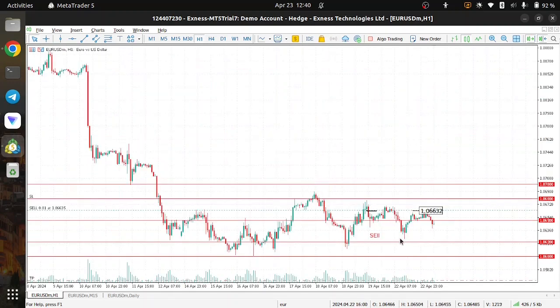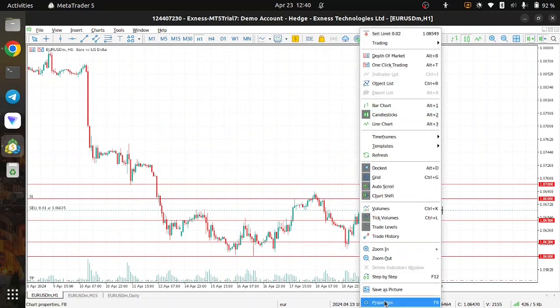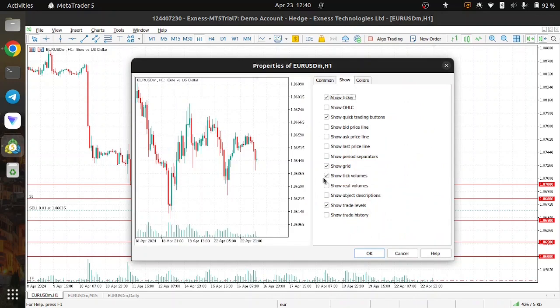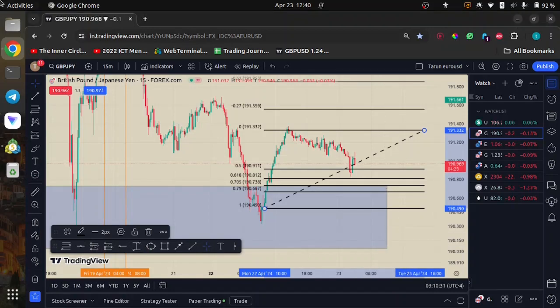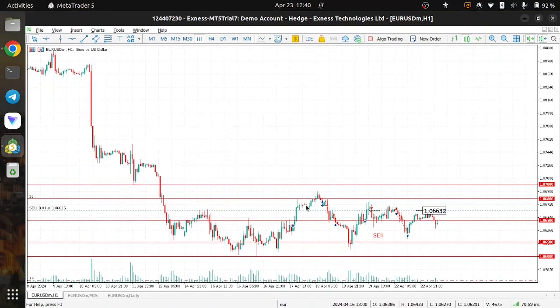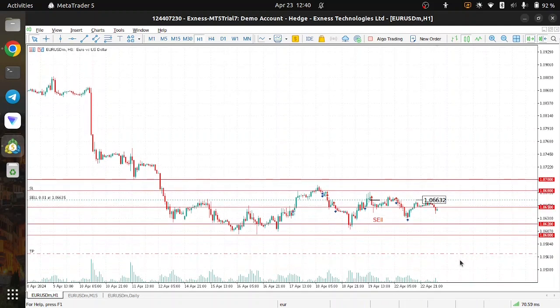First TP is hit somewhere here. First TP is hit here. My second TP is down here. This is the second TP. Let's see what happens.